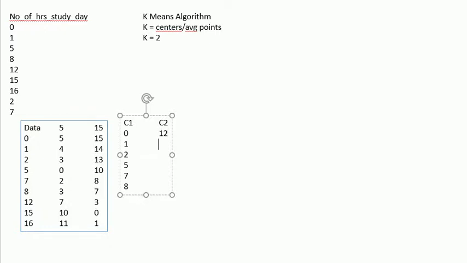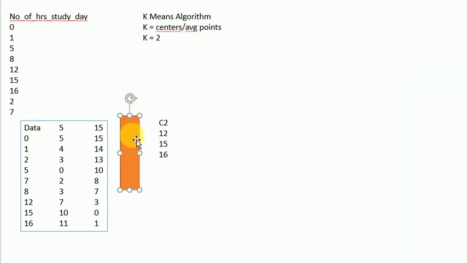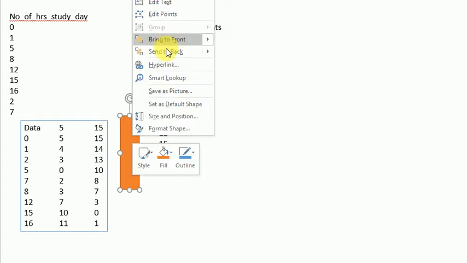After 12, 15 is nearer to 15, so that is also group 2. 16 is also nearer to 15, so that is also group 2. On the basis of distance, you are now able to see that I have two groups created, group 1 and group 2.